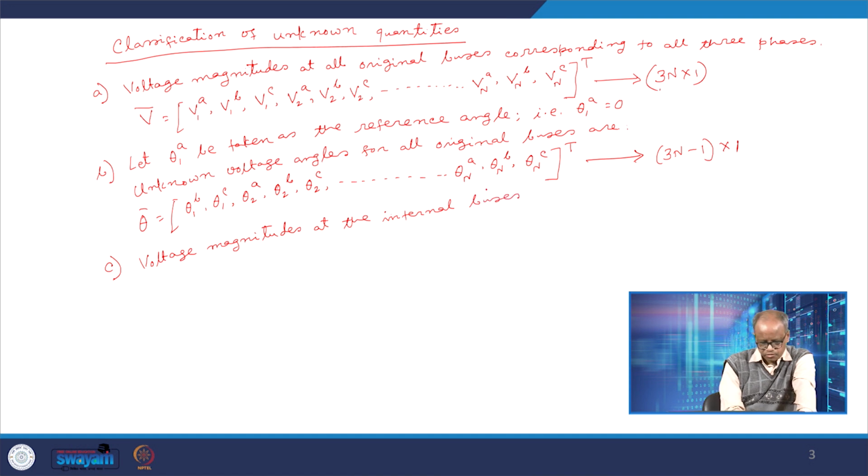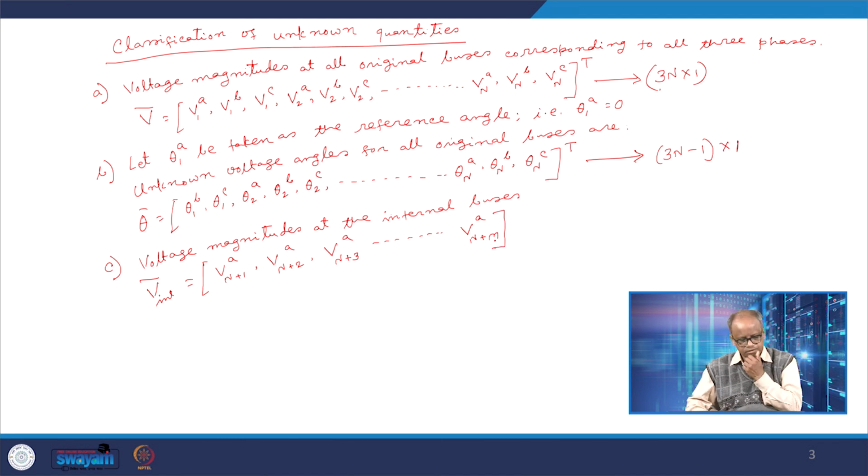Right. So these we denote as a vector V internal, and we denote it as V n plus 1 A, V n plus 2 A, V n plus 3 A dot dot dot V n plus m A. So that is the internal buses.